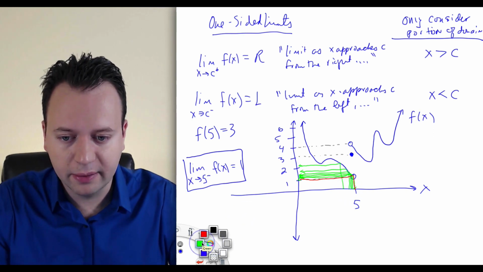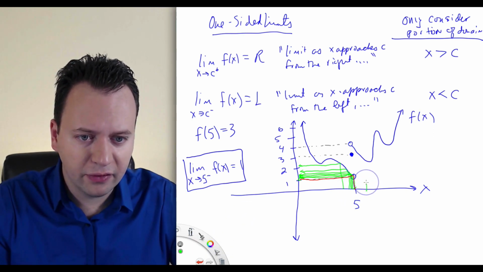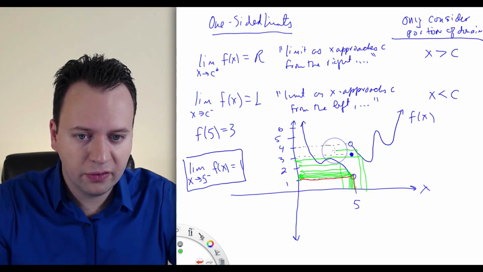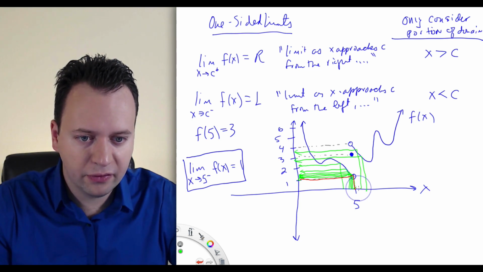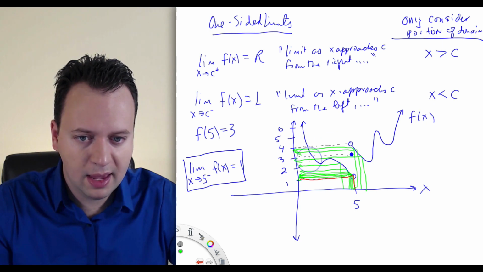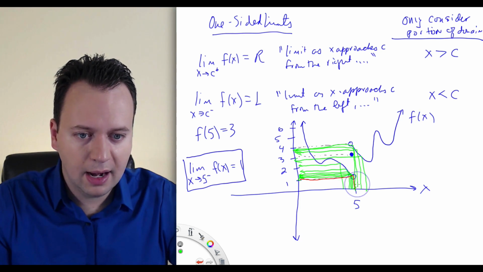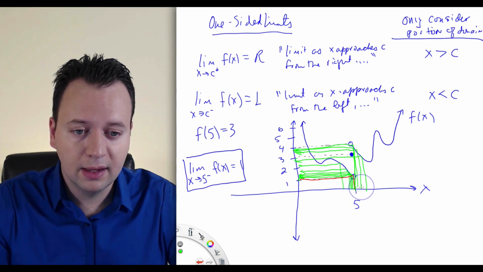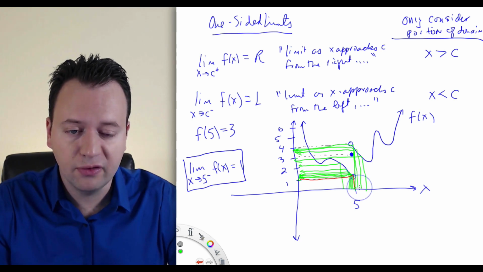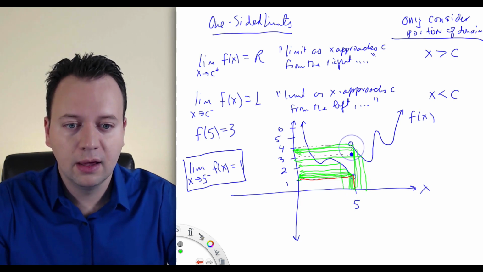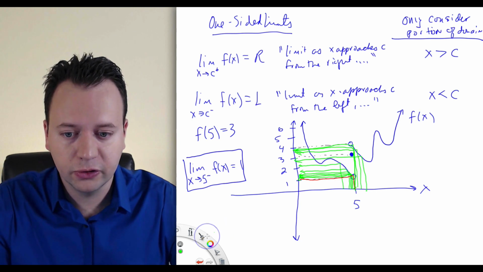Now similarly, if I look at f of 5.5, I get 3.5, 5.2, I get 3.8, 5.1, I get 3.9, and I'm getting closer and closer and closer to 4, right? So as x decreases toward 5, 5.1, 5.01, 5.0001, the y values are getting closer and closer and closer to 4.